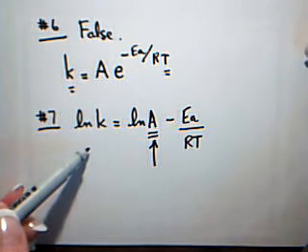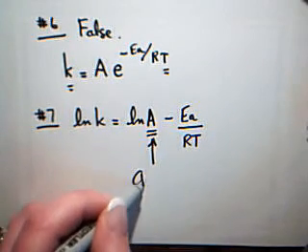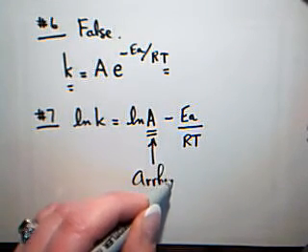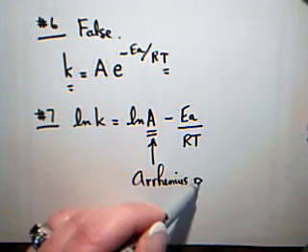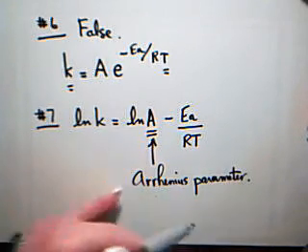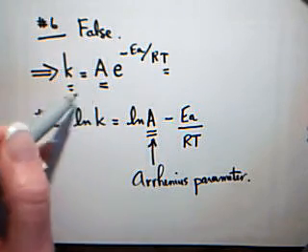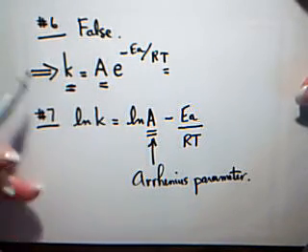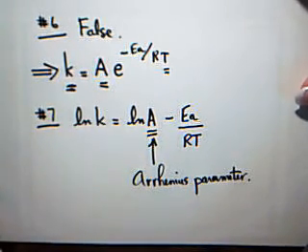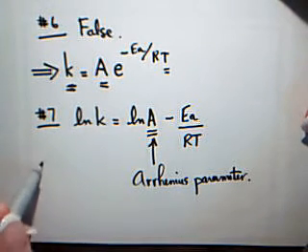But in question 7, it says that A denotes the initial concentration of A, and that's false. It denotes what's called the Arrhenius parameter. And an Arrhenius parameter, as we can see probably better from this form of the equation, A has the same units as k. And so, getting back to the question, number 7 then would be false.